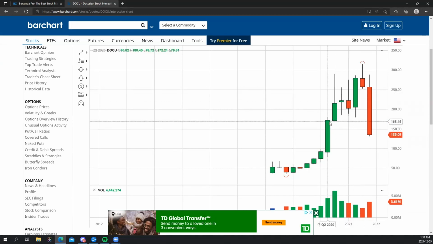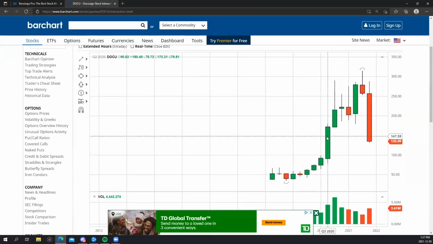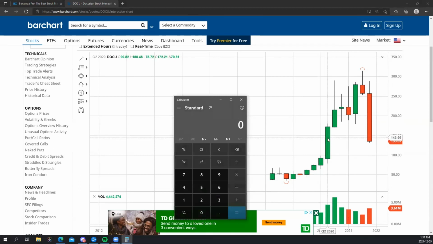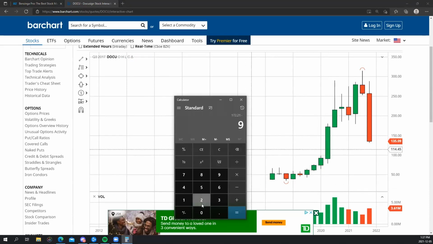It's the same thing from here. So just looking at this candle. That candle had opened at $90.82 and closed at 172.21. So if you're opening at 90.82 and closing at 172.21, I just want to see what the midpoint of this candle is, just to give me an idea. Usually they end up aligning with the formation down.